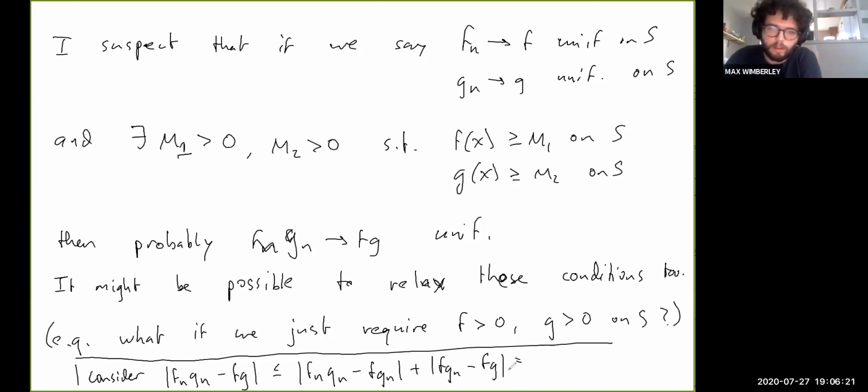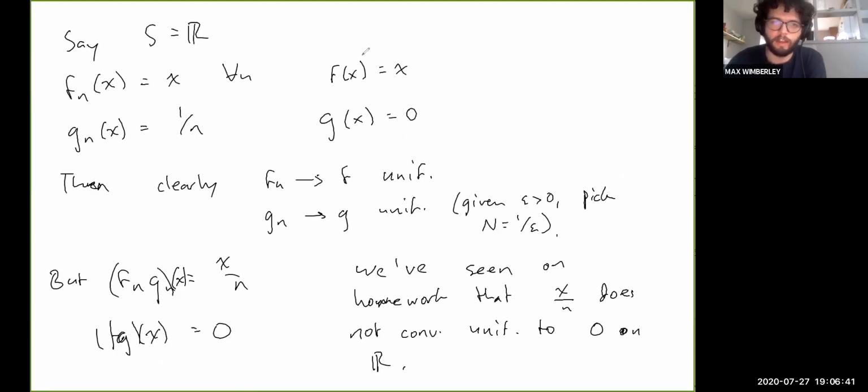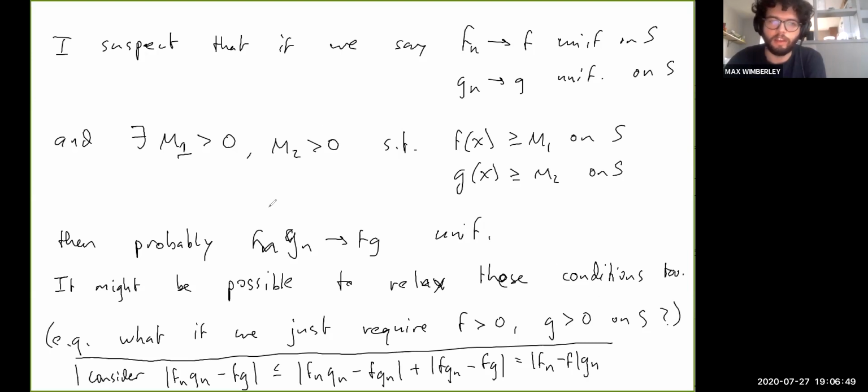And then this is, okay, Fn minus F times Gn. Oh, I see. Then maybe you have to be able to bound them both. Yeah, I guess it's actually the fact that this is also unbounded. So it's the combination of those things. Maybe in fact this might not even be necessary.